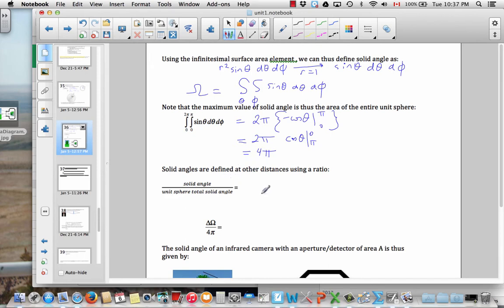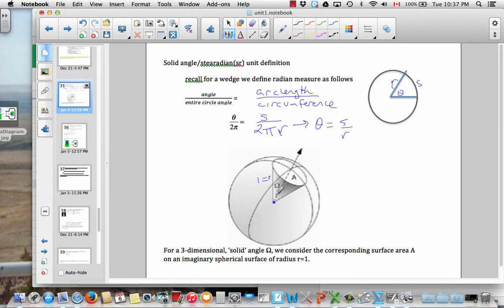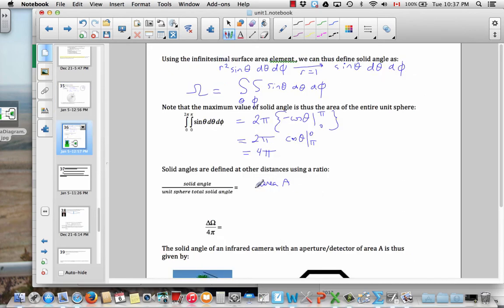If you have, say, a larger distance, then the solid angle as a ratio of the entire solid angle in the unit sphere is just going to be the area A. So if this circle happened to have a radius greater than 1, then this is the patch A, divided by the entire surface area of the sphere.